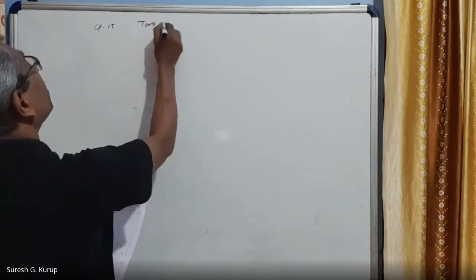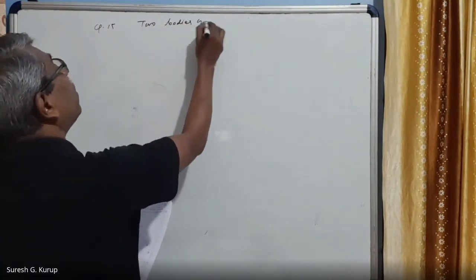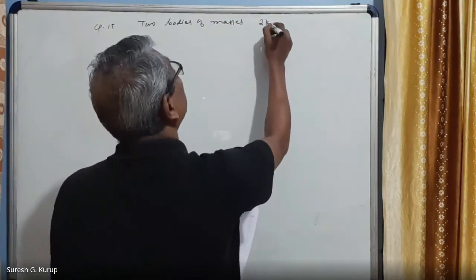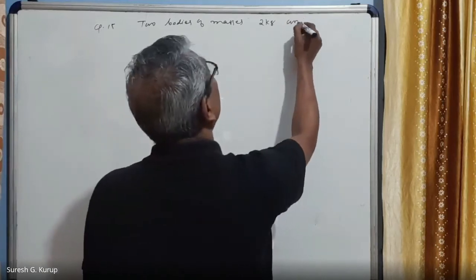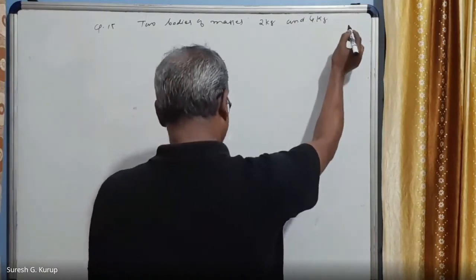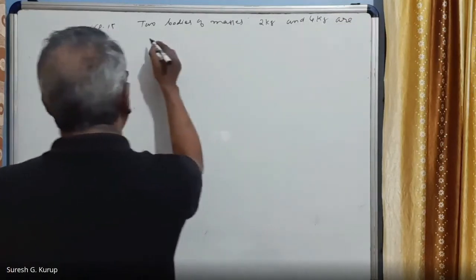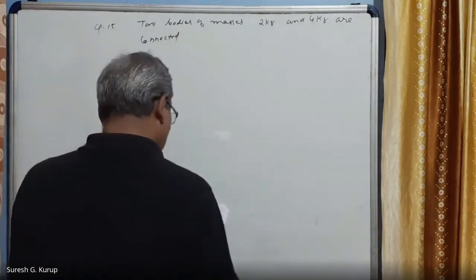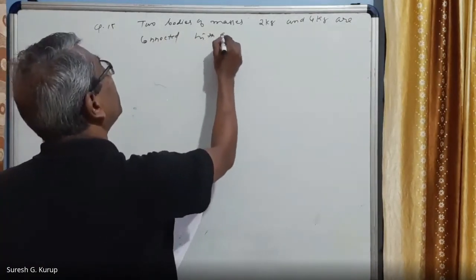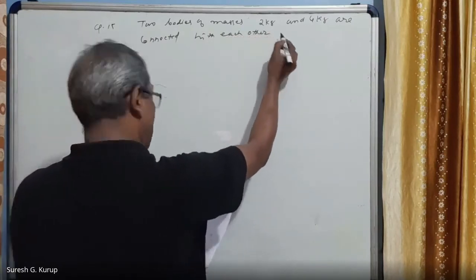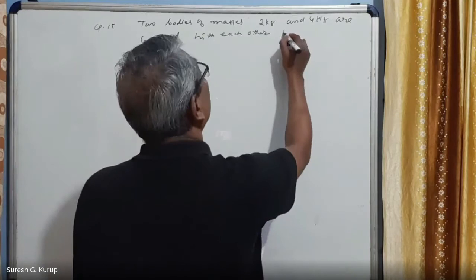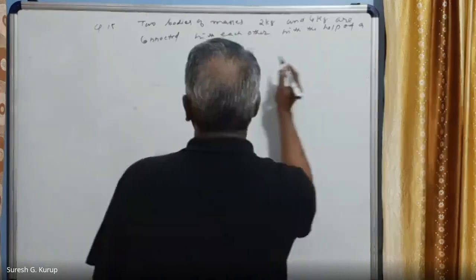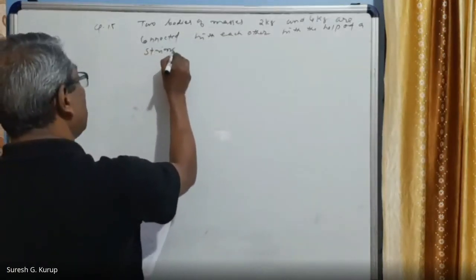Two bodies of masses 2 kg and 4 kg are connected with each other with the help of a string.